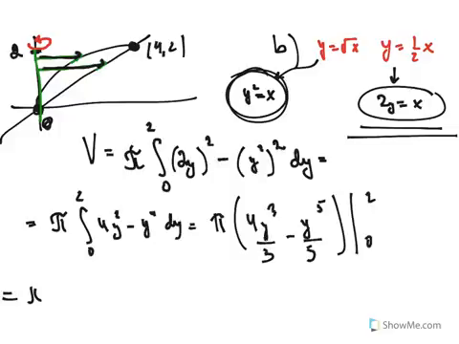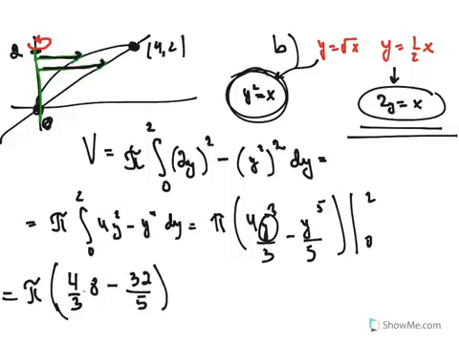So pi, that would be 4 thirds, and 2 cubed, you plug in 2 for y, so it's 8, minus 2 to the fifth, 32 over 5. And when you plug in 0, you get 0, so we're not going to do that. So we get 24 over 3 minus 32 over 5. We need to find a common denominator.